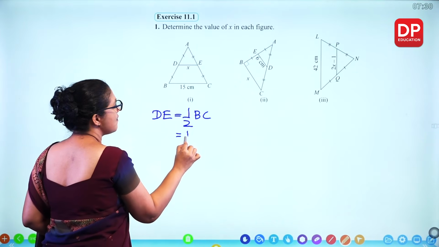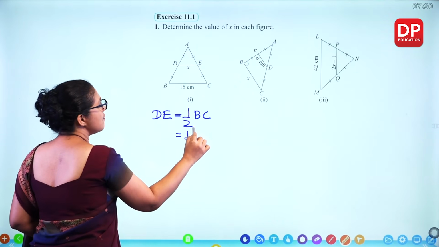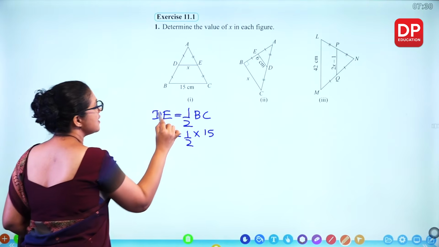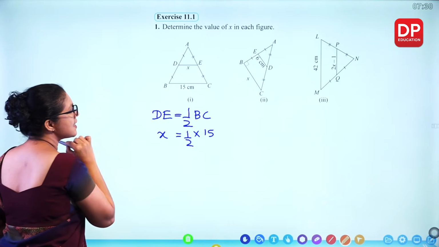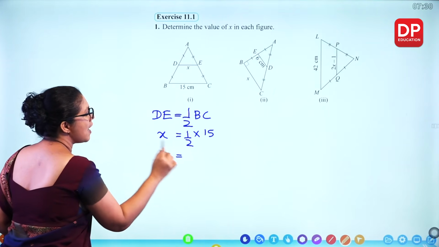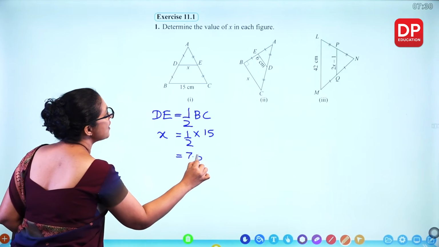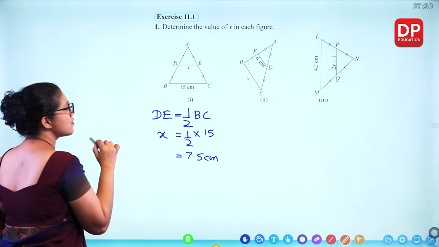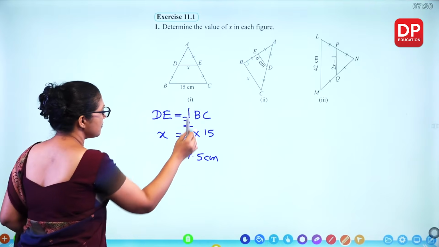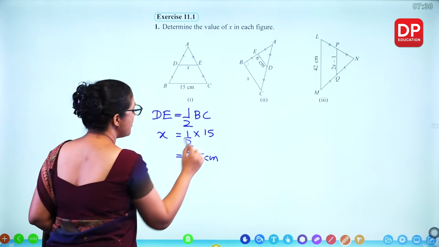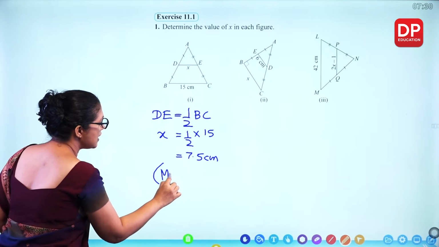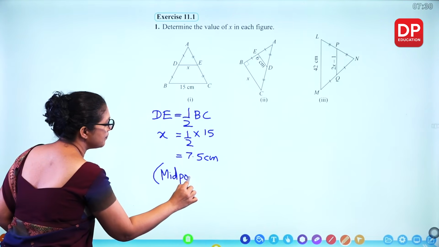Third side is given 15. So DE is x. So what's x? 15 divided by 2 is 7.5 centimeters. So here we can write down the reason as midpoint theorem.